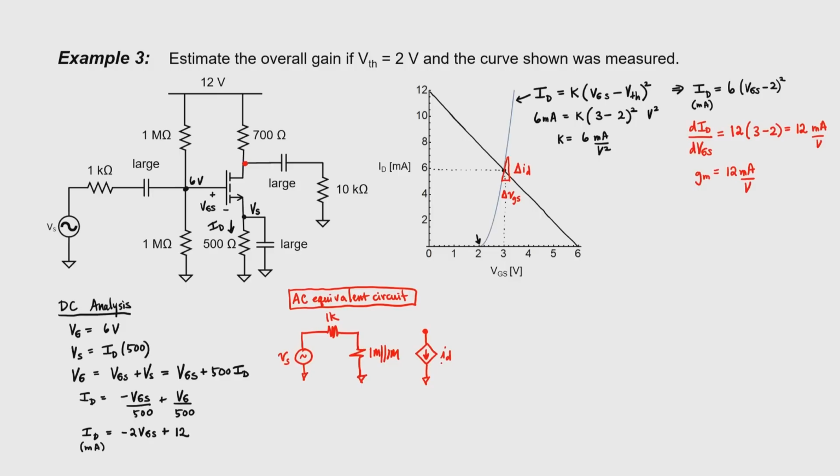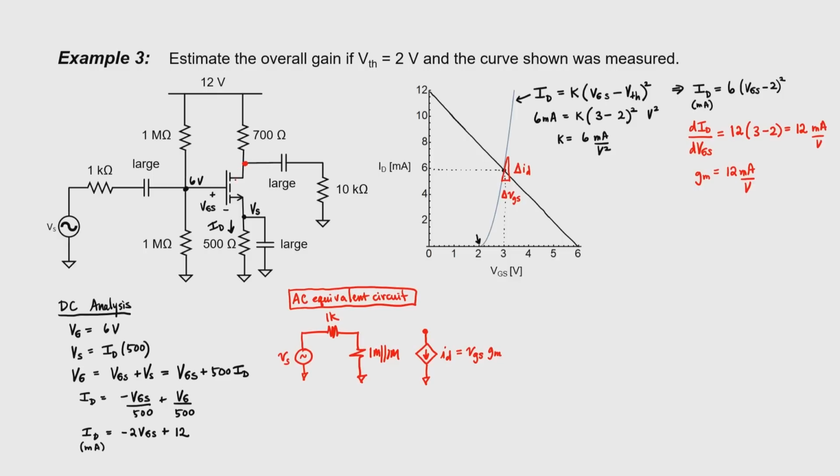Well, I'm only interested in the AC portion of it, and we already know from our operating curve where this transistor is operating. We have an equation that relates small changes in the drain current to small changes in the gate source voltage. So let's go ahead and write what we know. It's just our gate source voltage times our transconductance.